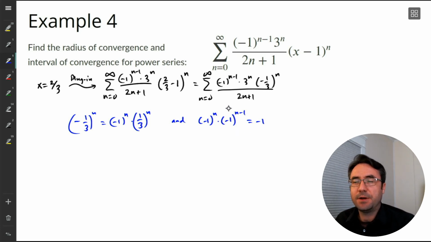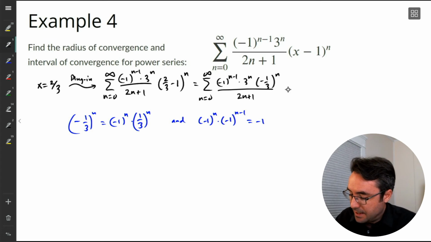So when we put all this in, this -1/3 to the n, we can split it up so that we have -1 to the n times 1/3 to the n. And when we multiply that, let's multiply the powers of -1 together. We're always going to get -1. And then the 3 to the n times the 1/3 to the n, those are just going to cancel.